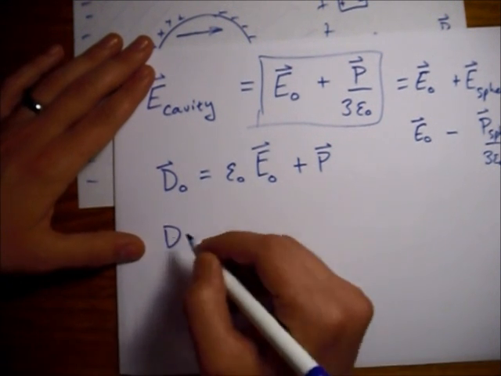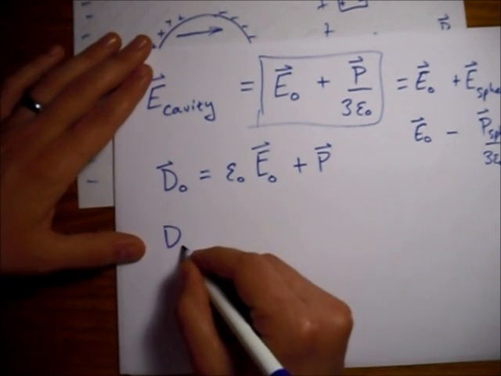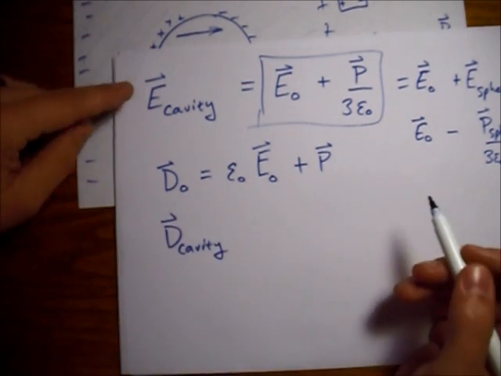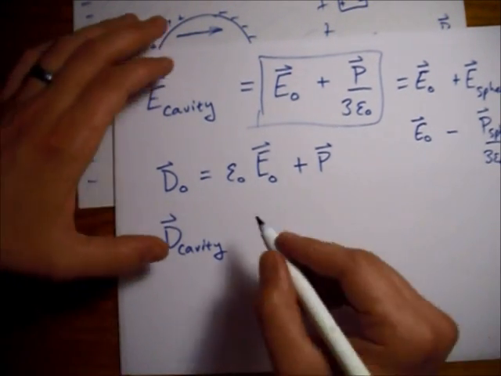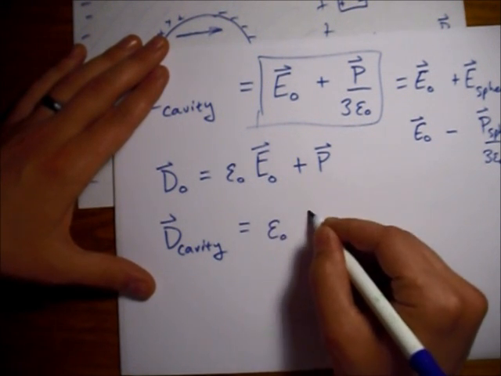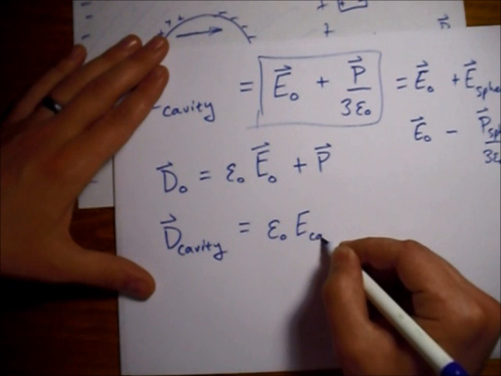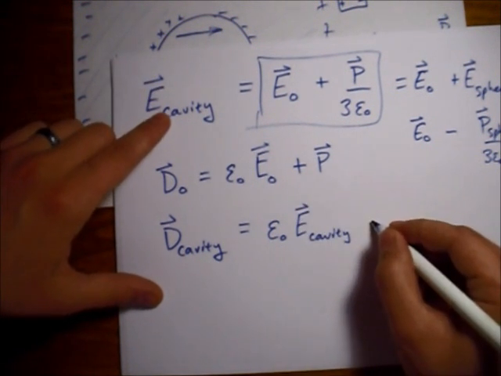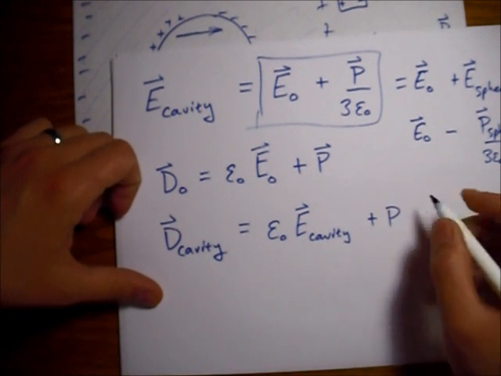So let's call this D of the cavity. We found E of the cavity, now D of the cavity. That is equal to epsilon naught times E of the cavity, what we found right here, plus the polarization of the cavity.